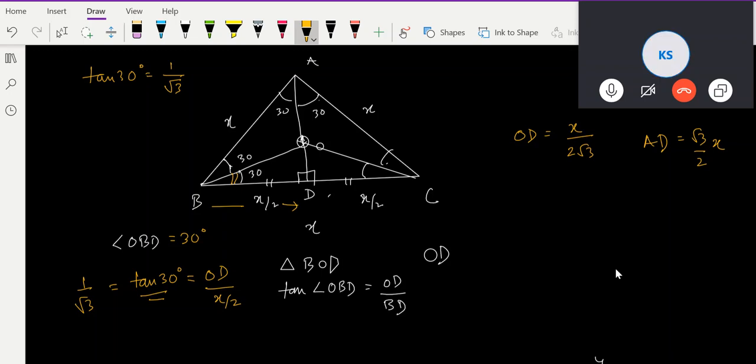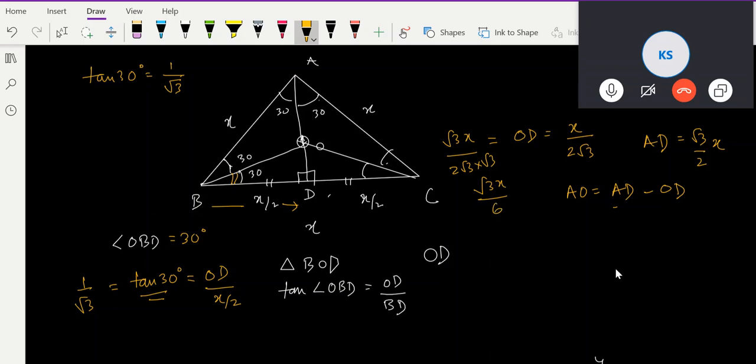So what is AO? We can write OD as root 3x by 2 root 3 into root 3. I just multiply the numerator and denominator by root 3. So that means root 3x by 6.